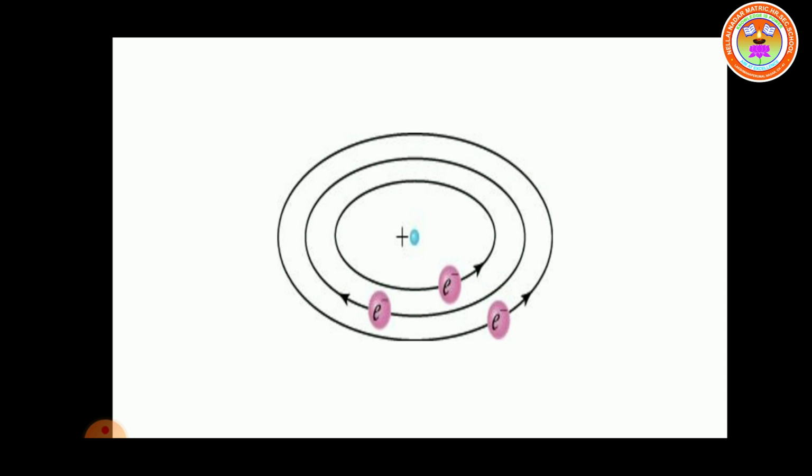The first postulate is, in atoms, the electron revolves around the nucleus in stationary circular paths called orbits or shells or energy levels. Students, you know, in Rutherford's model, electrons revolve around the nucleus in closed circular paths, but in Bohr's model, electrons revolve around the nucleus in stationary circular paths called orbits.